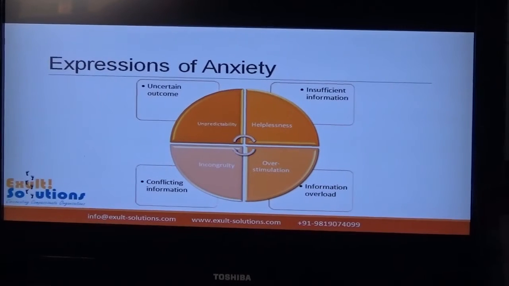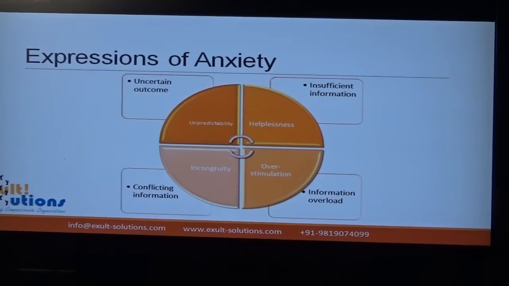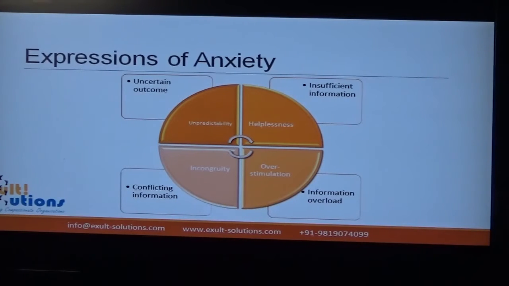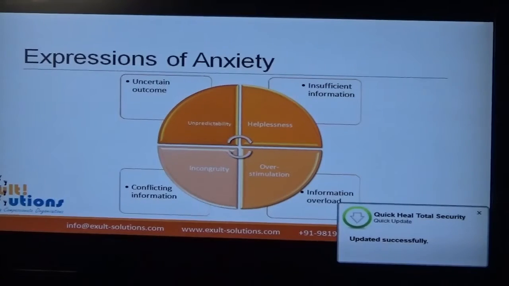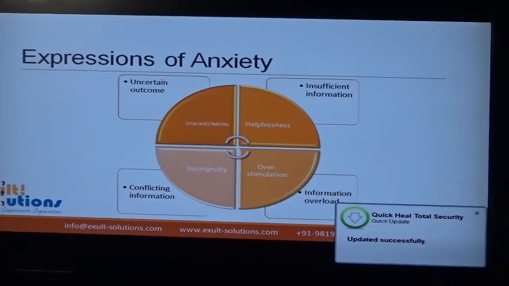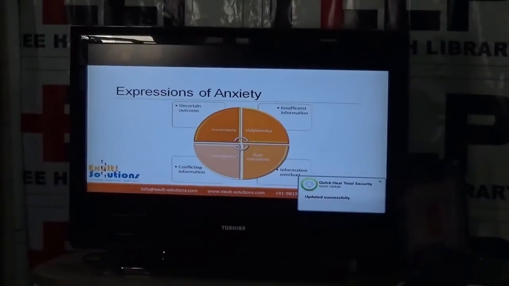It could be an exam for a student, a financial issue for an adult, or a child being unwell. In any situation where we feel helpless, anxiety tends to start building up and thriving. The helplessness becomes a fuel for the anxiety.